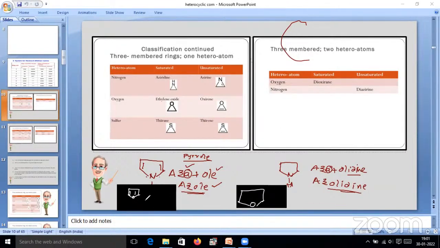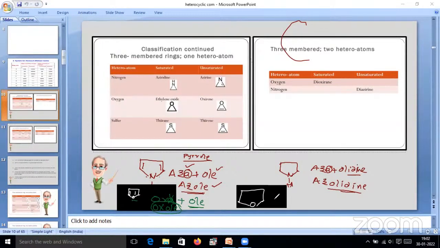Oxole. Oxa for oxygen, this is the prefix. Next, OLE for a 5-membered unsaturated system. You can remove the last letter in the prefix, then add it to the suffix.